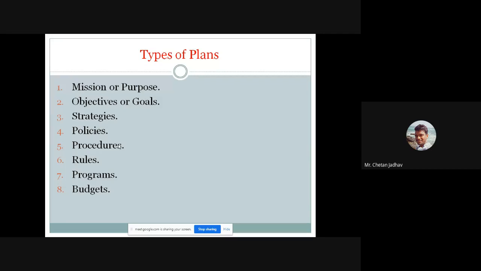Then strategies for doing the production. They will make some strategic plan from raw material to finished goods. Then policies. In those policies, they will make some policies in terms of medical policies, product policies, and their organization policies.